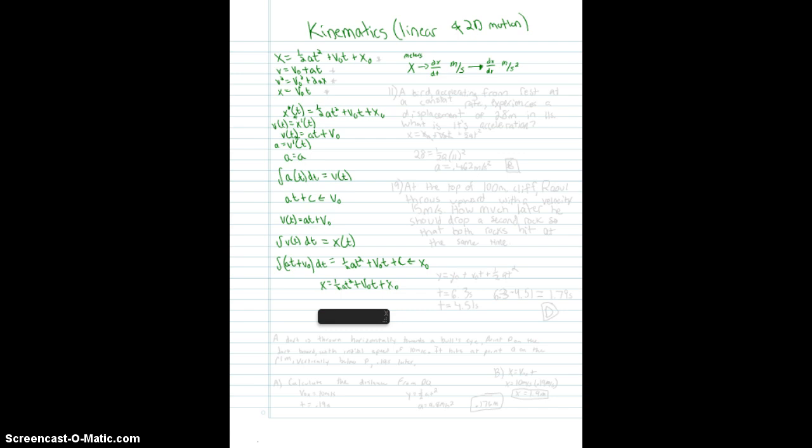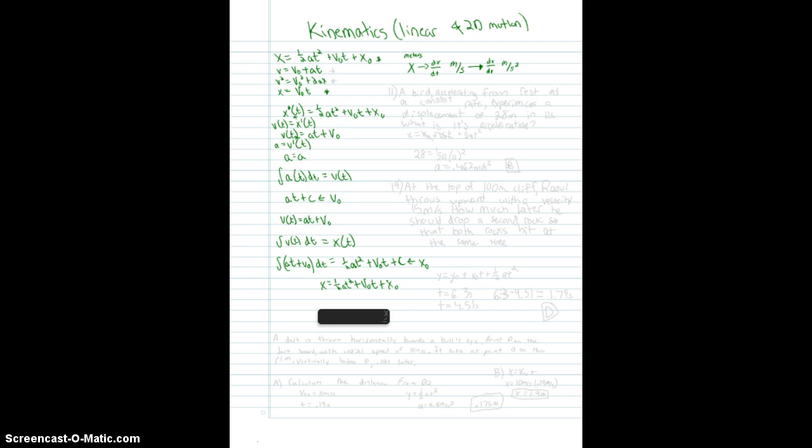So now we're going to talk about what each equation is used for. In this, x equals x sub o plus v sub o t plus 1/2 at squared is used to find the position of an object in linear motion, and then x equals v sub o t is used to find the range of an object.